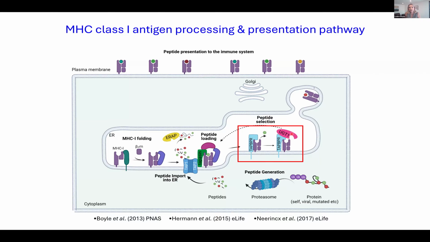And when we get this complex, what happens is UGT1 can change the glycan on the MHC class 1, which causes any empty MHC class 1 molecules to recycle back to bind to calreticulin, which then incorporates it back into the peptide loading complex for another attempt at gaining a peptide in this part of the cell too.